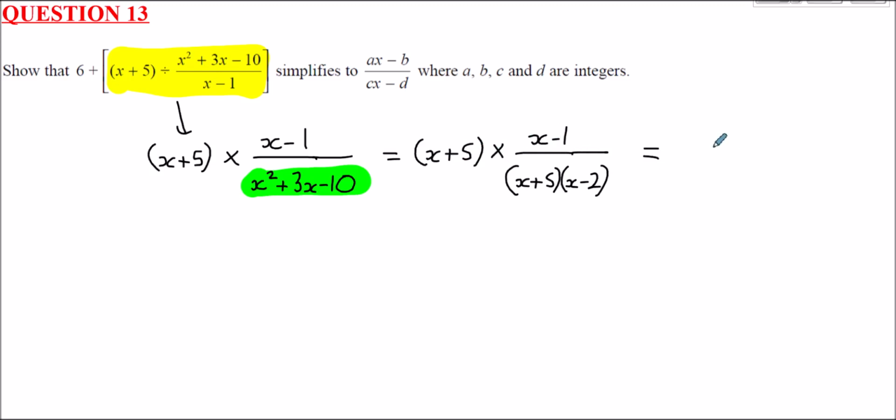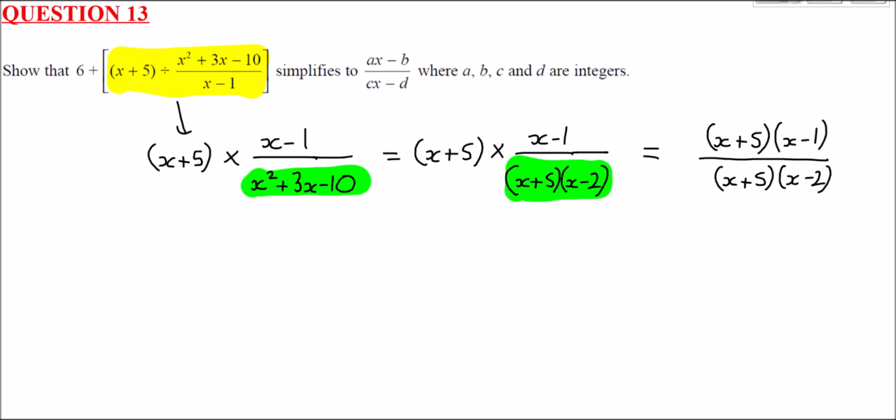So that's the same as x plus 5, x minus 1, all over x plus 5, x minus 2, because, like we showed earlier, x plus 5, x minus 2 is a factorised version of this here. Now, comparing top and bottom, numerator and denominator, we should see we have x plus 5 in both.